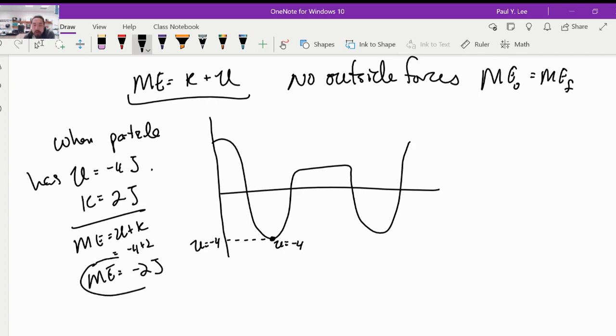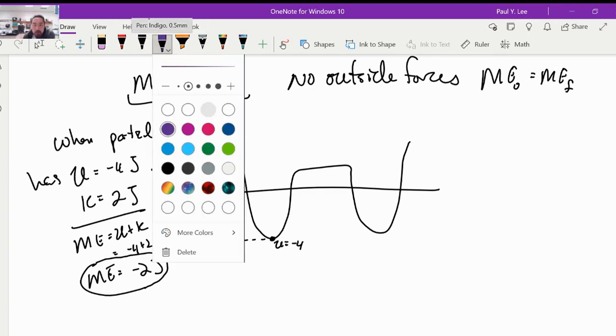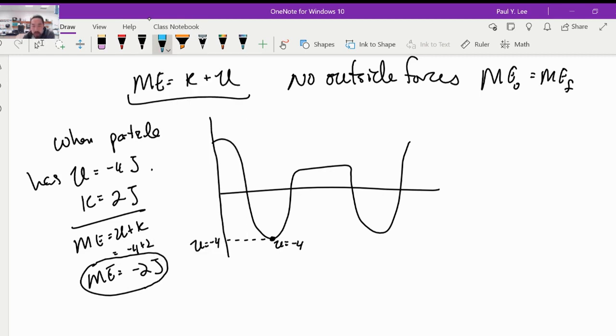Now, the importance of this is several things. Okay. Now, let me first show you what the -2 joules represents. And if you have a different color pencil or a different color pen, I will bring that out right here so that we can see a stark difference. So here, let's call this line, this will be -2 joules. That line is -2 joules.